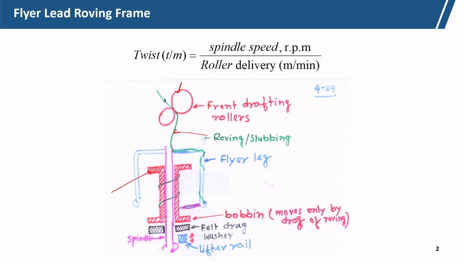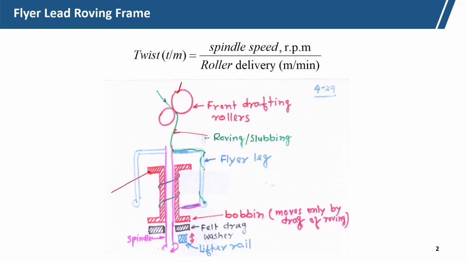There is no such drive; no additional drive is given to the bobbin. The bobbin is rotated by the drag of the roving.